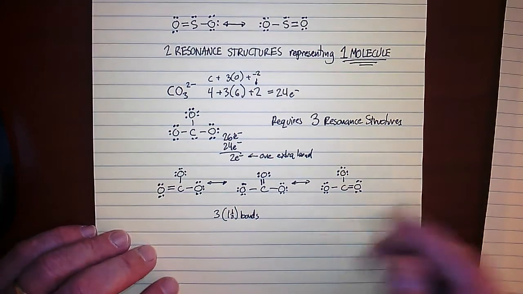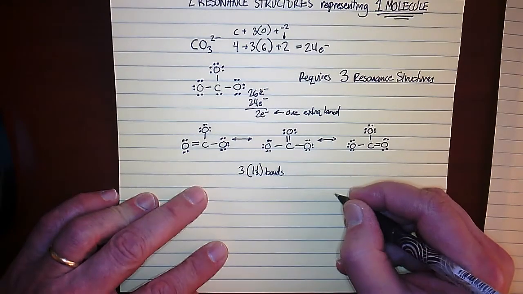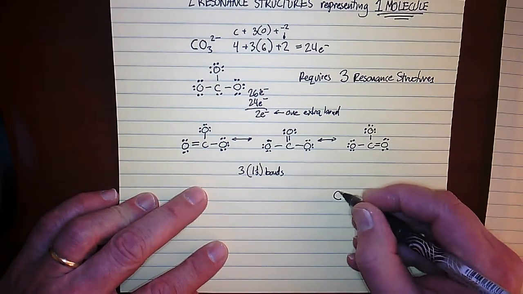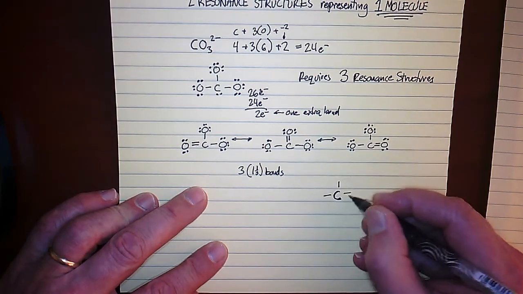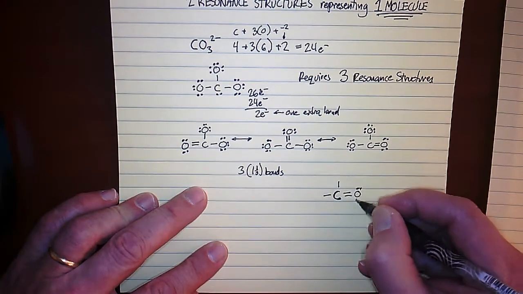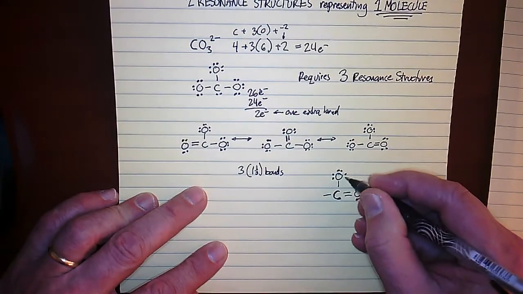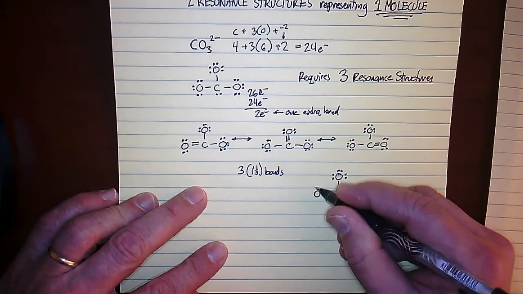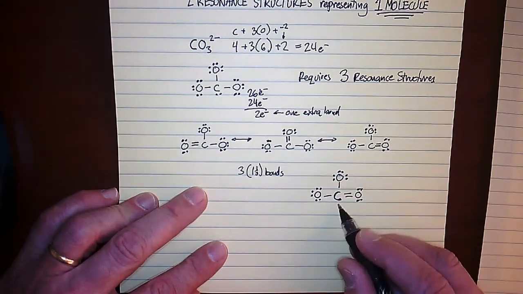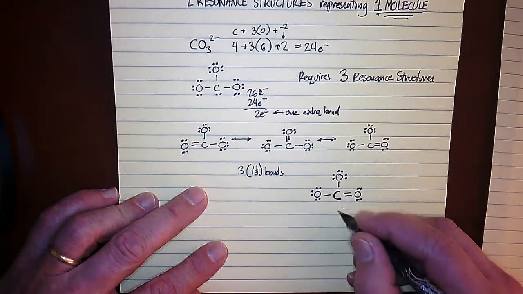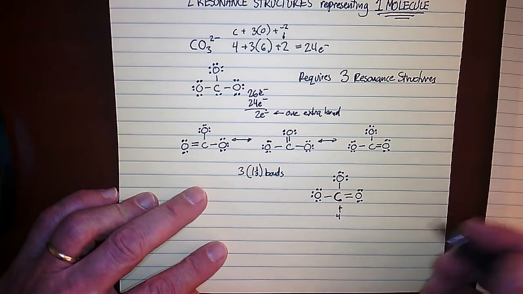Now, to throw back to an earlier class, let's take a look at this for a second. If we have a CO3 2 minus like this, or an earlier topic, if we wanted to assess formal charge, and we should always consider this, right? This carbon has 4 bonds, right? But carbon takes 4 bonds, so that's a formal charge of 0.